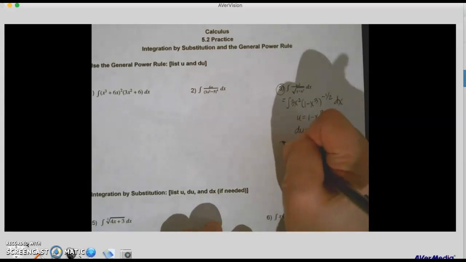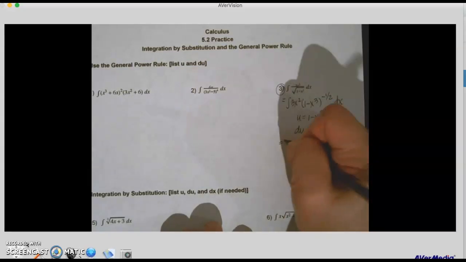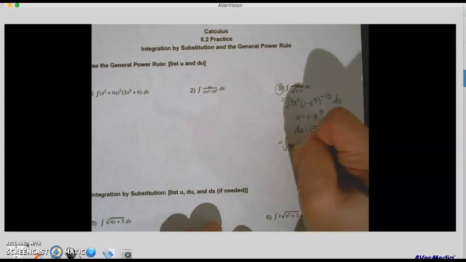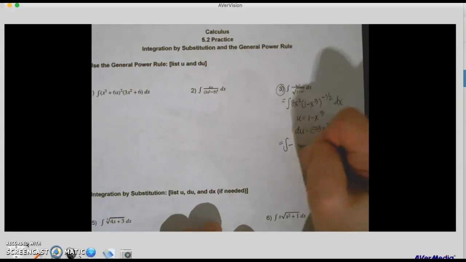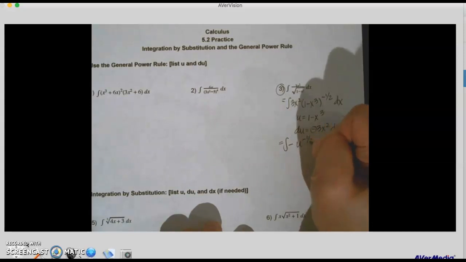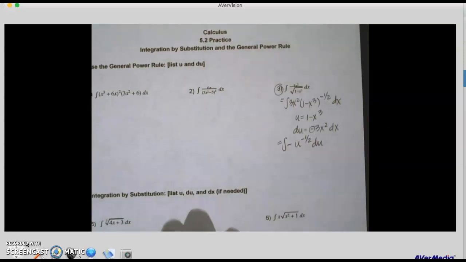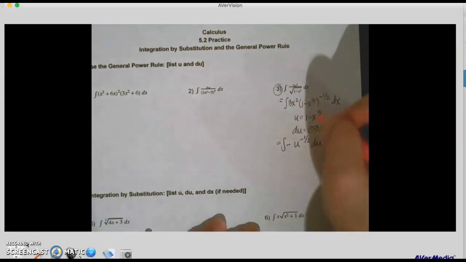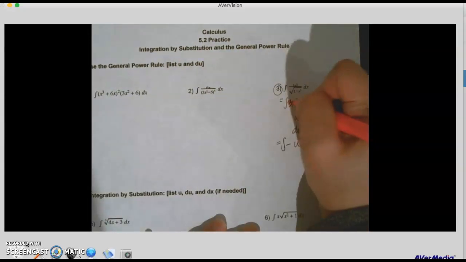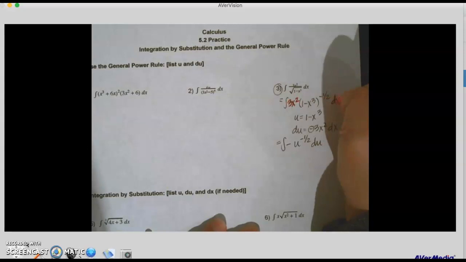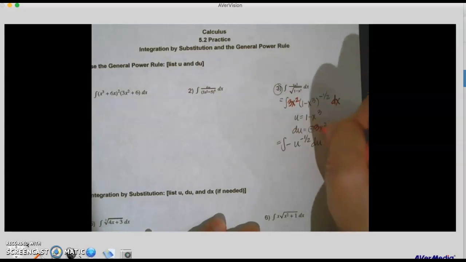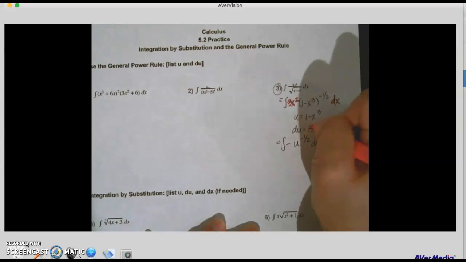So we're going to have then equaling it to the integral of a negative u to the negative 1/2 du. Because remember that we're making all of these substitutions here. Right? So that negative will have to go along with the du when you plug it in.